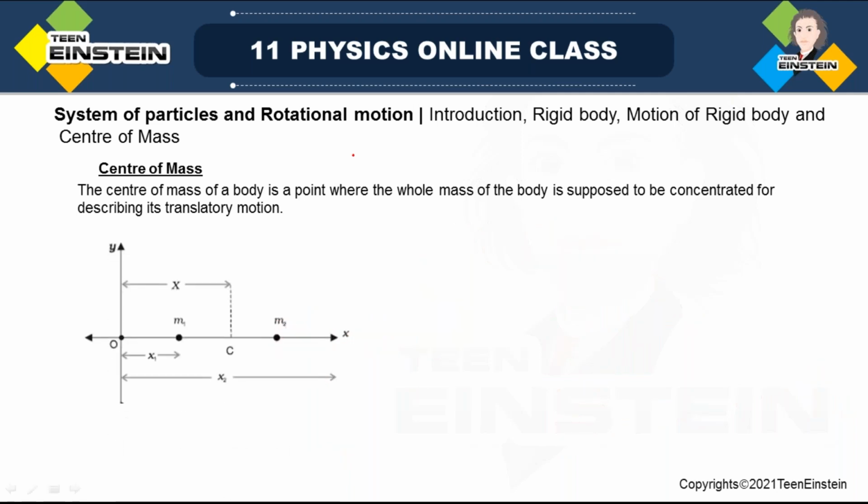Now we'll find the mathematical expression for the center of mass. Let us take a very simple configuration of two masses.